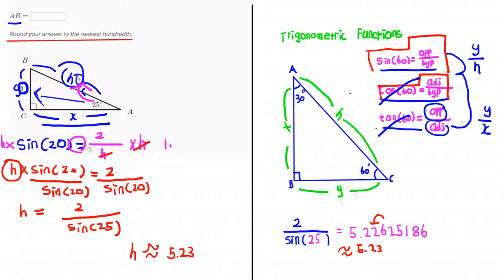In step 1, we made an equation for this triangle, and in the second step, we isolated h, simplified, and moved everything to the right side, and you are left with the third step: h is equal to 2 over sine of 25. And we calculated 2 over sine of 25, and it is approximately 5.23. And we're done.